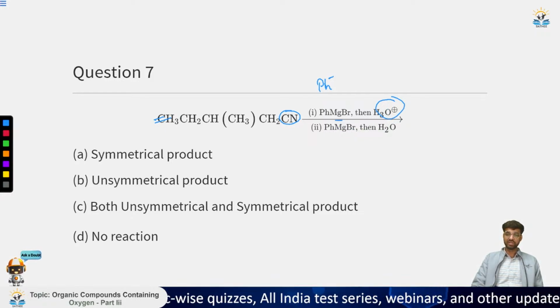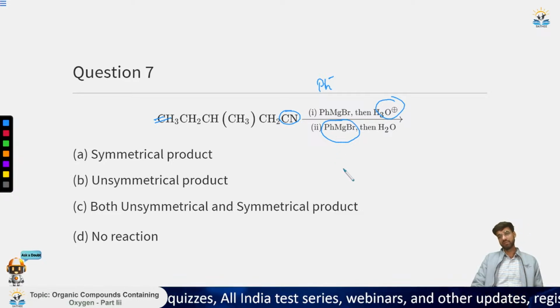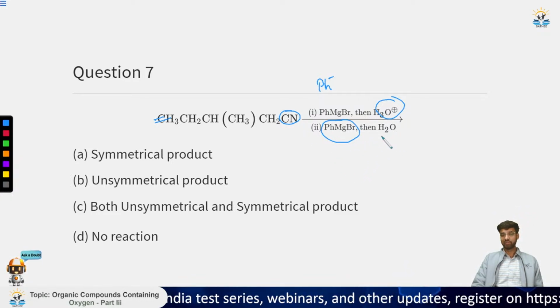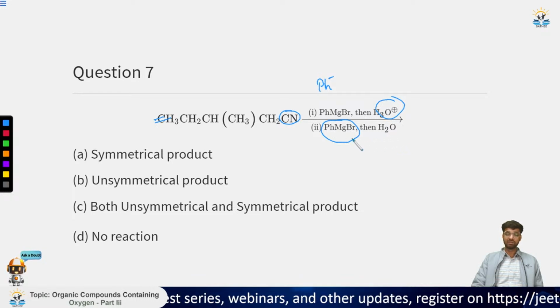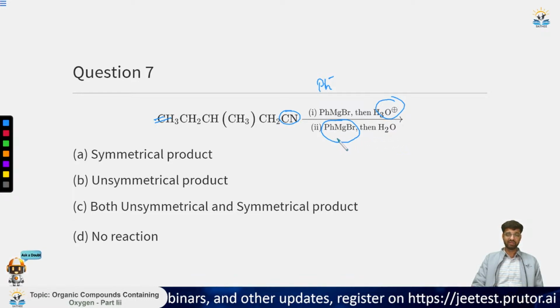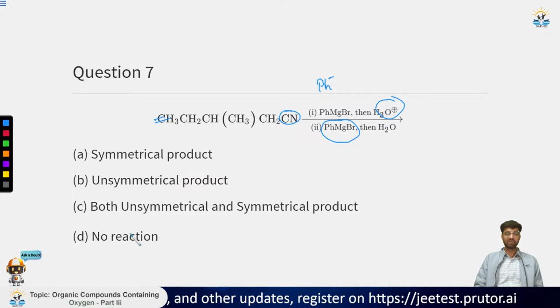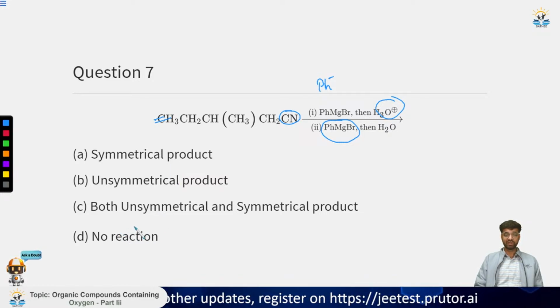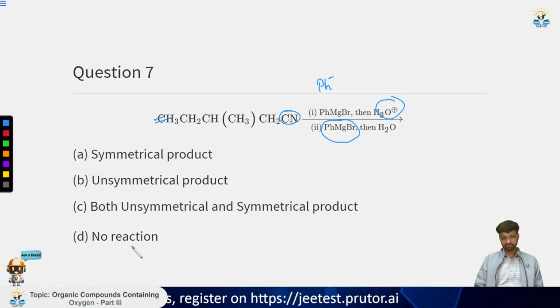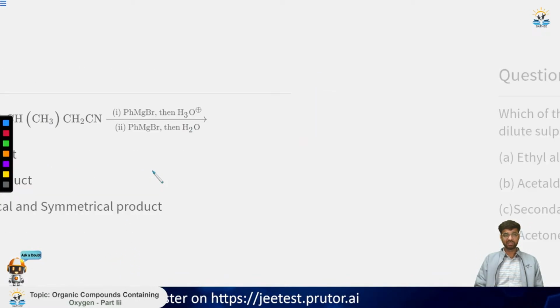Then we will introduce another mole of PhMgBr. Similarly it will form an alcohol, and this is the overall reaction. Now you have to say whether the product is symmetrical, unsymmetrical, or both unsymmetrical and symmetrical, meaning two products are possible, or no reaction. So this is question number 7.